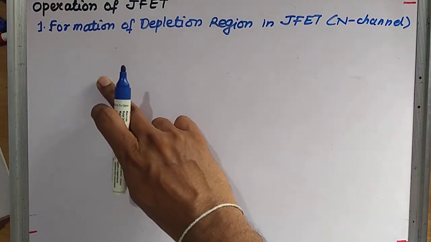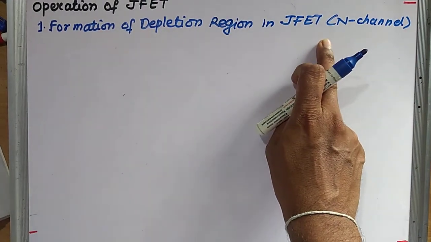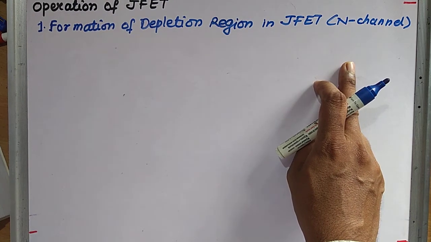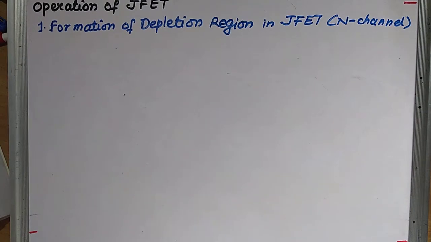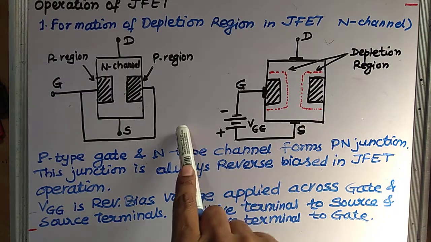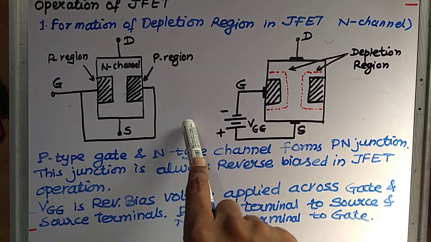So here we will see formation of depletion region in N-channel JFET. First I will draw the construction, then we will understand what is the meaning of depletion region. So here I have drawn the construction diagram for the N-channel JFET.